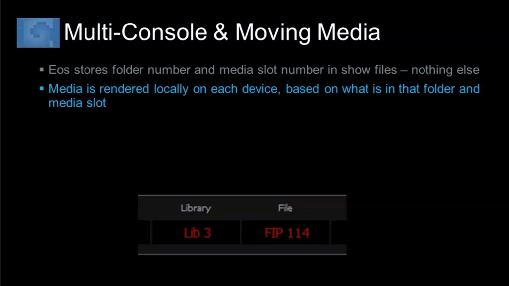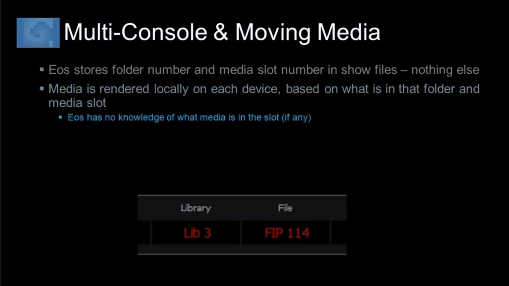The way that EOS is actually handling this is, because of this, rendering that video on the local device. So instead of trying to render the media on the primary, for example, and then distribute that streaming video out over the network to all of your RVIs and your backup, we're relying on each local device to do that. And so it means that all of the folders and that whole library needs to be synchronized between all of your devices, right?